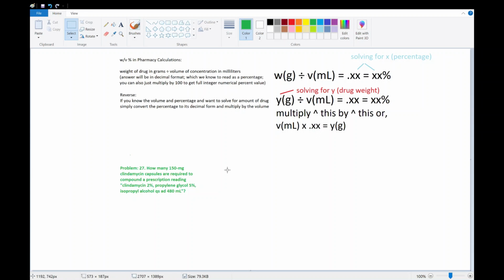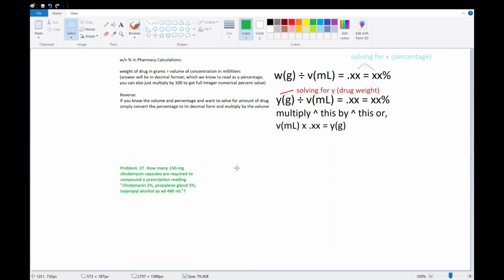Now, the step we need to be really careful with is recognizing that they're giving us the percentage expressed as a full integer percent value, 2% clindamycin. We are not going to take 480 and multiply by 2. We're going to take 480, the volume in milliliters, and multiply by this in decimal form. So instead of 2, it's going to be 0.02.